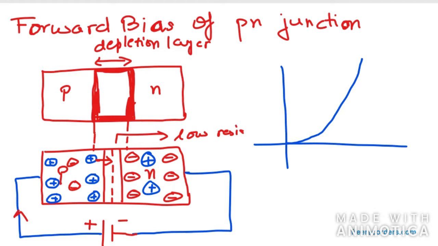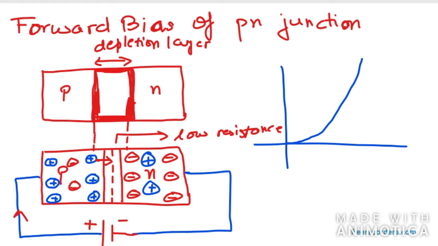When we put the P side with the positive pole and the N side with the negative pole, they provide us with a low resistance path. That means the depletion layer has been depleted more, reduced many times. Whenever the depletion layer is reduced, it is due to the forward biasing. It is eliminated altogether if we provide more potential to it.